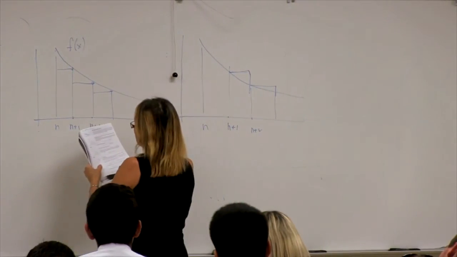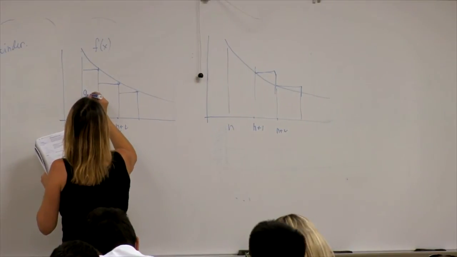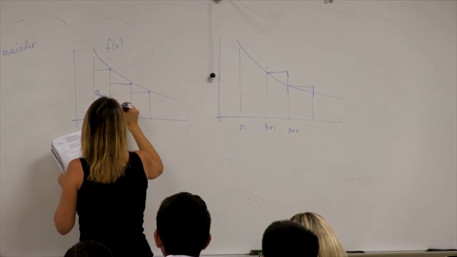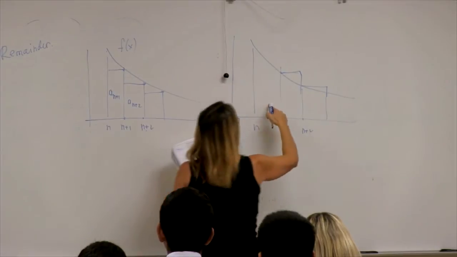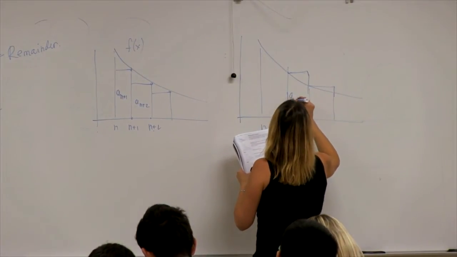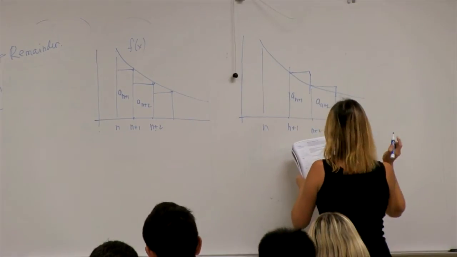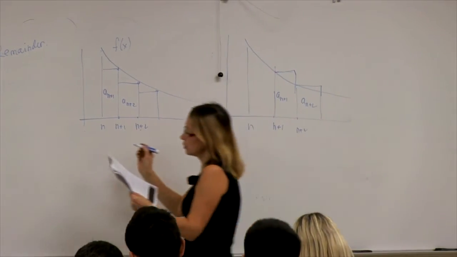Okay. So this is the same thing. This height is a n plus 1, a n plus 2. This height is a n plus 1, a n plus 2. Okay? And I'm going to write down inequalities.